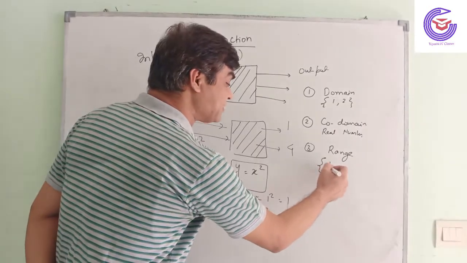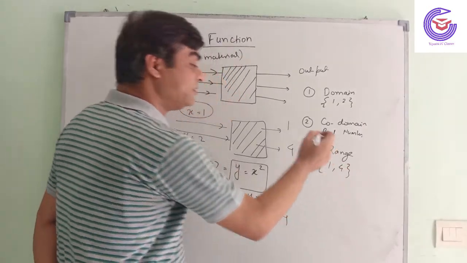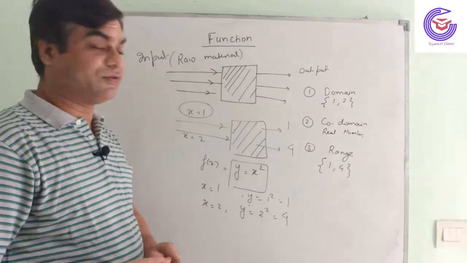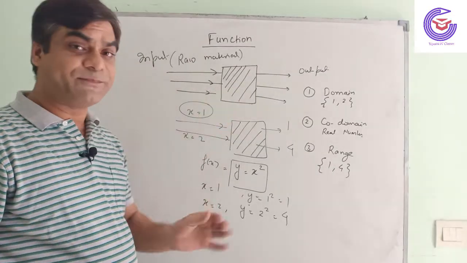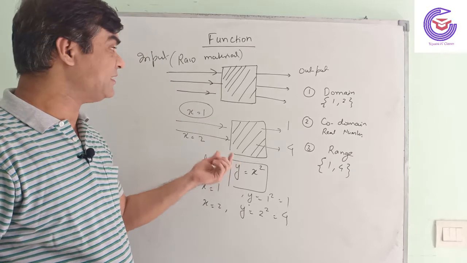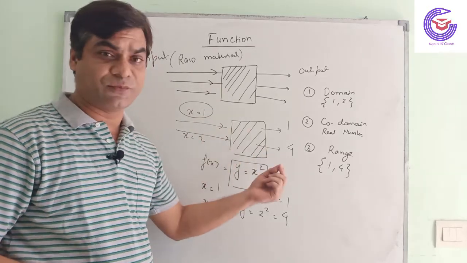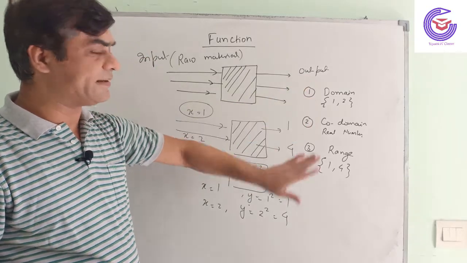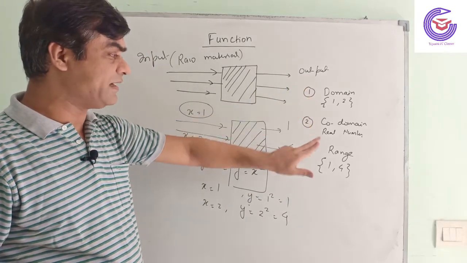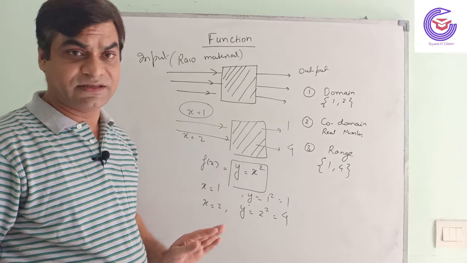Here there are two outputs coming, 1 and 4. So this is called range. This is the simple concept of function. It takes some input, processes it and gives the output. And there are three important terminologies defined: domain, codomain and range.